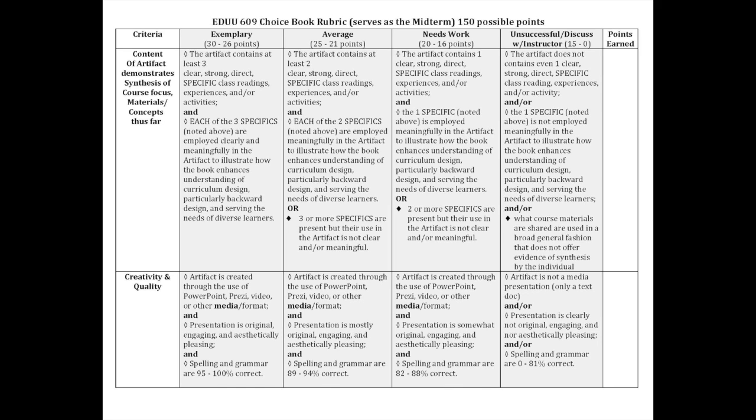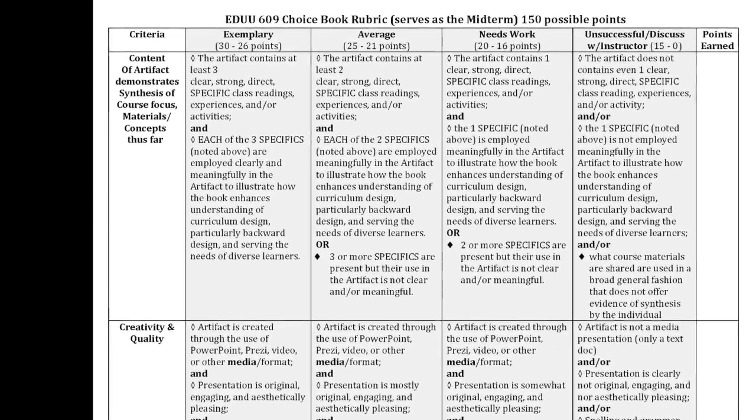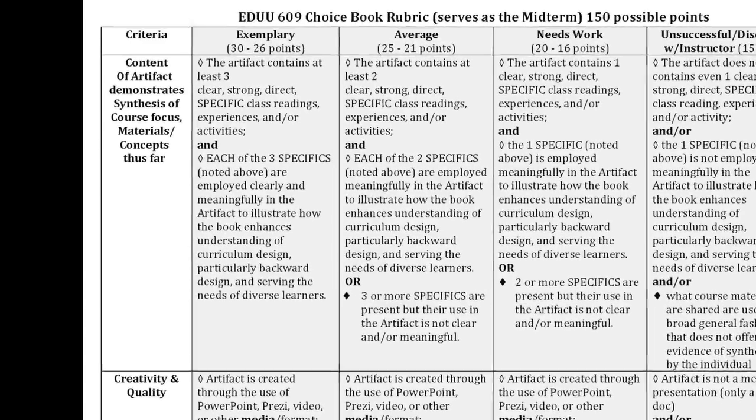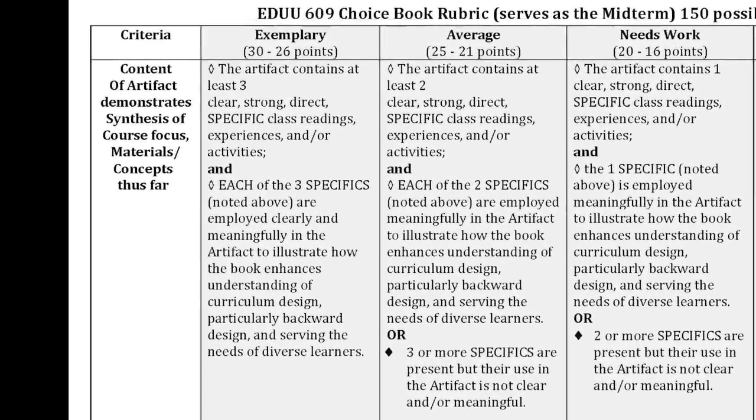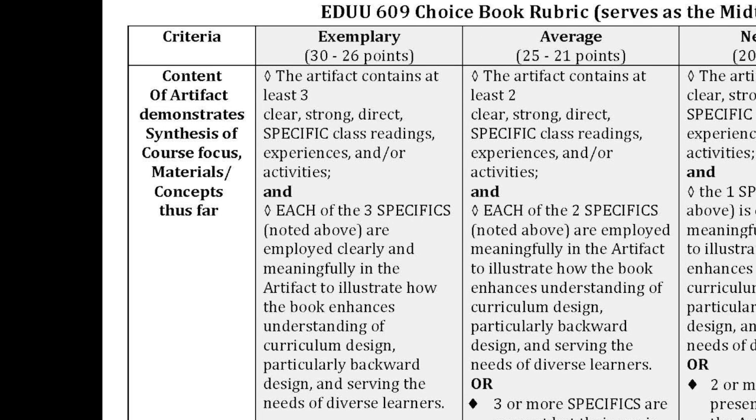So, first of all, let's look at content. The content of the artifact demonstrates synthesis of course focus, materials, concepts thus far. So what is exemplary? We're only going to look at exemplary. The artifact contains at least 3 clear, strong, direct, specific class readings, experiences, and/or activities.